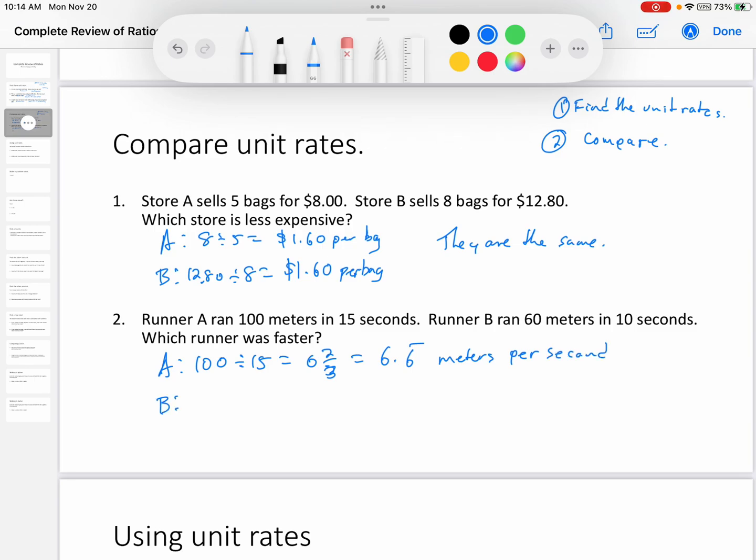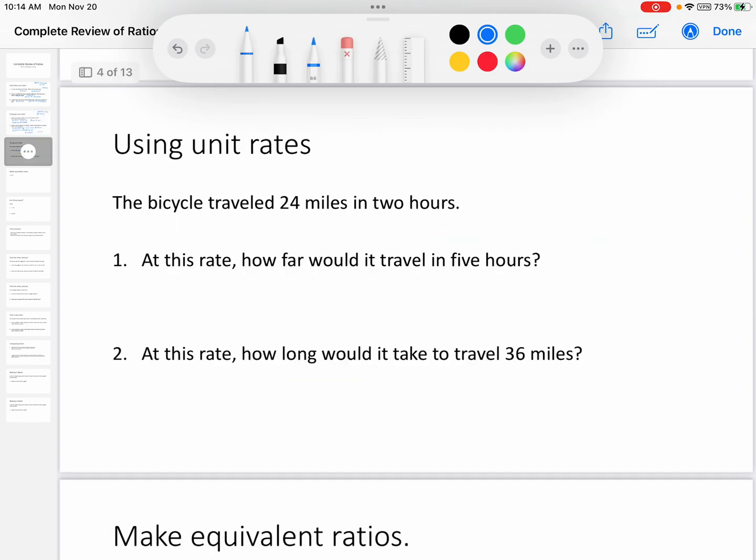B, 60 divided by 10 is 6 meters per second. Now compare them. Which is faster? A is faster. Why? Because 6.6 is greater than 6. So that's comparing unit rates.